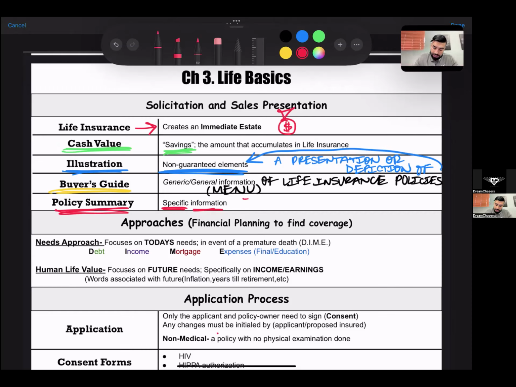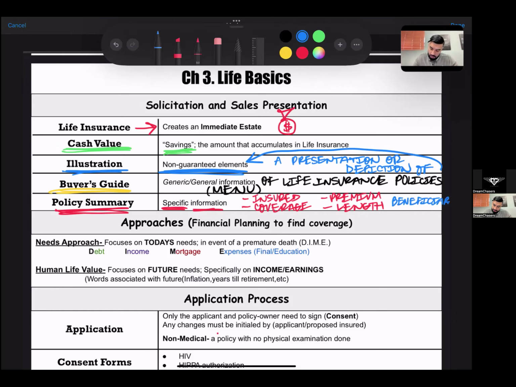For example, it's going to give you who's insured, it'll give you coverage, it'll give you premium, meaning how much they are paying for the policy, and then it'll give you the length of time that the policy will have. What the policy summary will not give you is who the beneficiaries are.